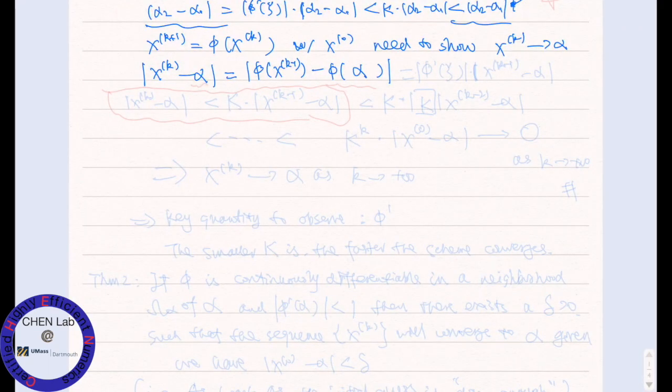I can replace alpha by phi of alpha because alpha is the fixed point. You plug in alpha into phi, it doesn't move. That simple trick brings us to some symmetry. You see, they're both phi of something. That's symmetry, right? Before one is x, one is alpha. That's ugly. Now they're both phi of something.